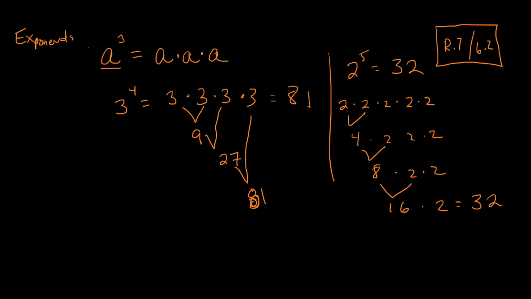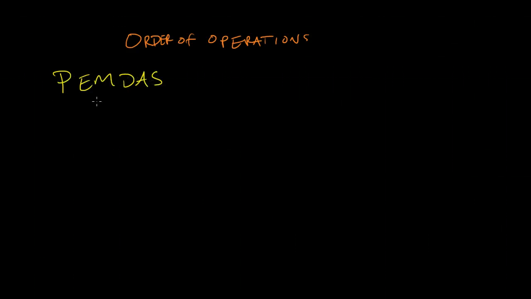Now, with that in mind, let's go ahead and take a look at our order of operations. And you probably remember from your school days something called PEMDAS. Please excuse my dear Aunt Sally.